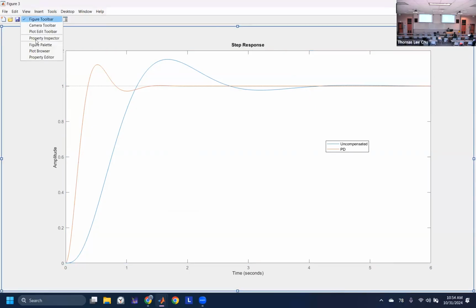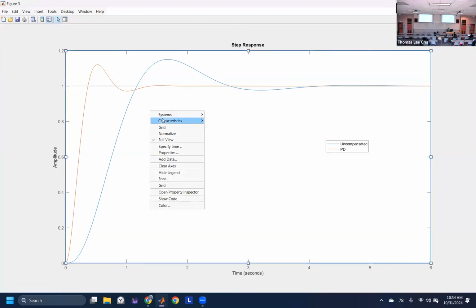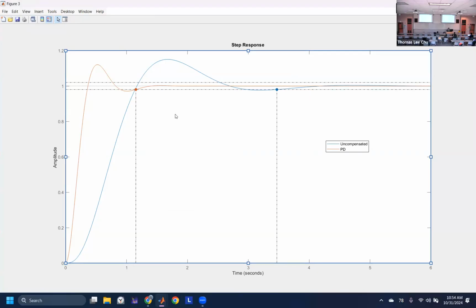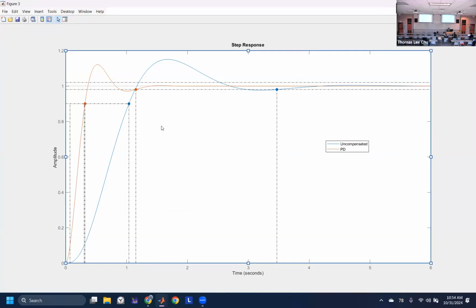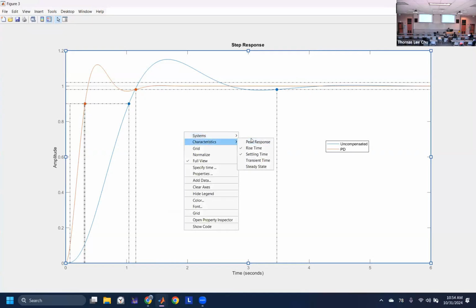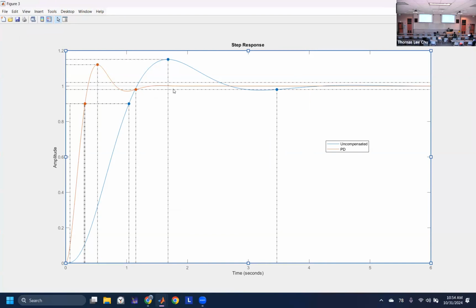Somewhere here. Oh, characteristics. There you go. So I right click, I go to characteristics. We can click on settling time, and then it'll plot us the settling time. I can right click it. I can look at the steady state, rise time right there, peak response. It'll just plot all of it for you.